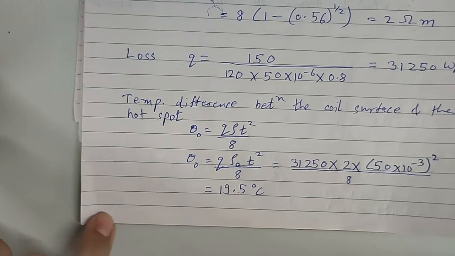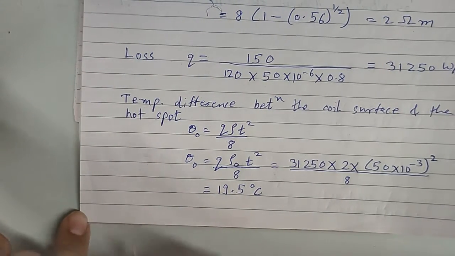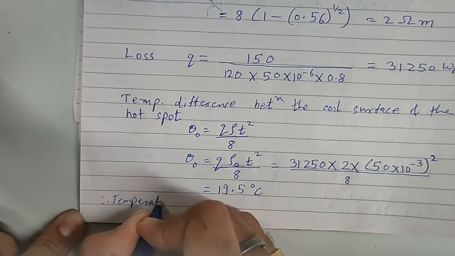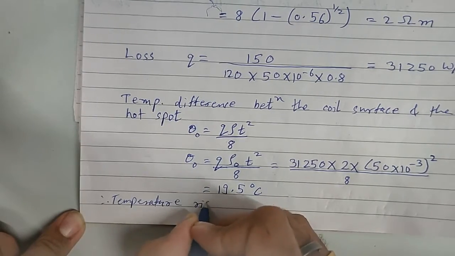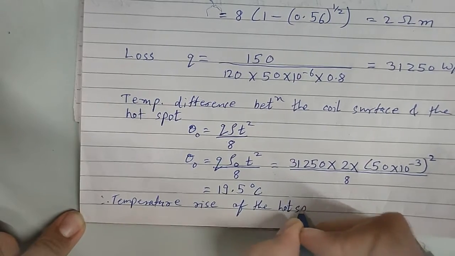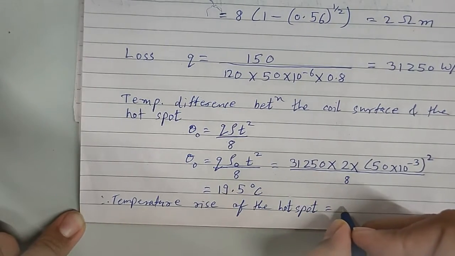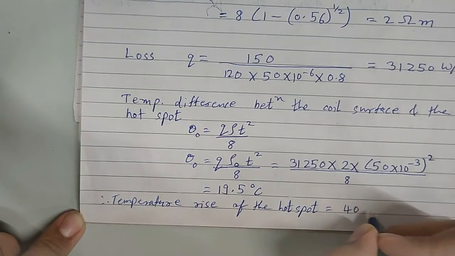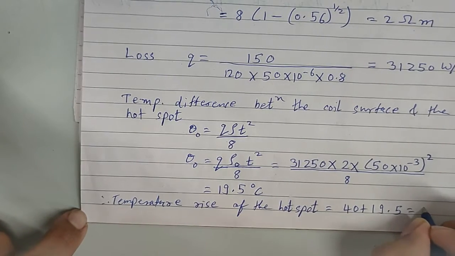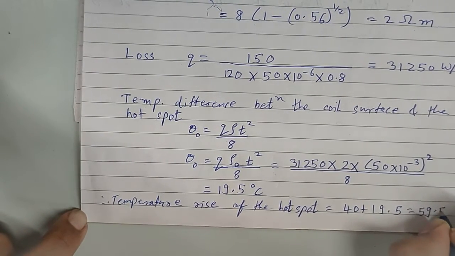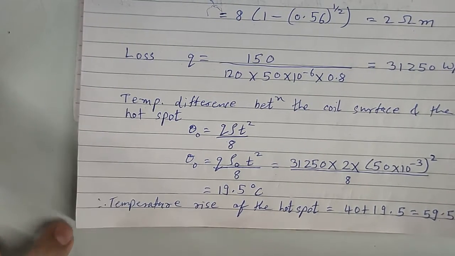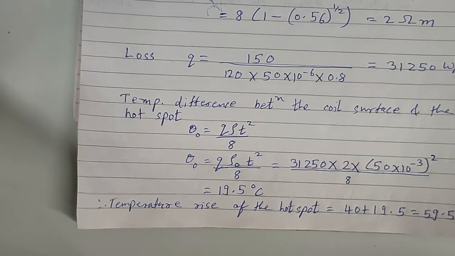So the temperature rise of the hot spot is nothing but 40 plus 19.5, that is 59.5 degree centigrade. So this would be your final answer.